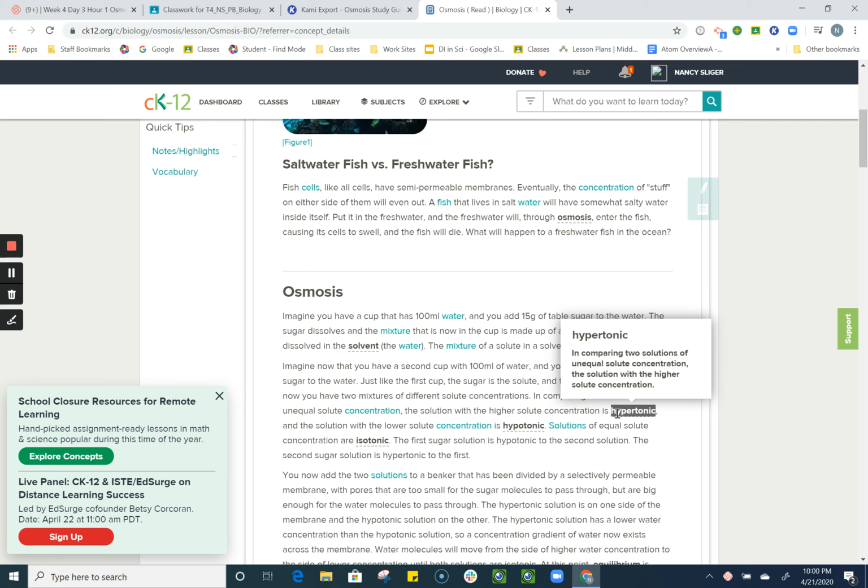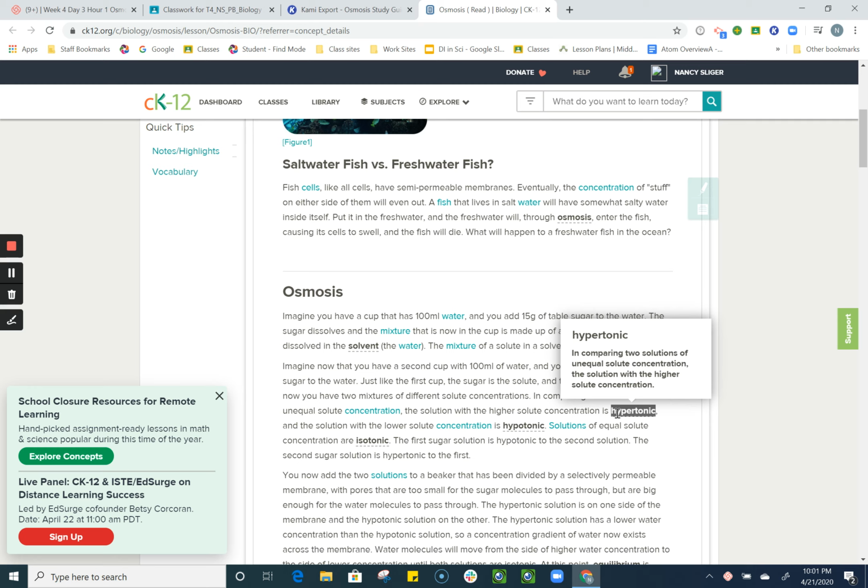Hypertonic, comparing two solutions of unequal solute concentration. The solution with the higher solute concentration is hypertonic. So when we talk about hypertonic, hypotonic, isotonic, it's with respect to the amount of solute. We're not comparing water yet. We're comparing solute.